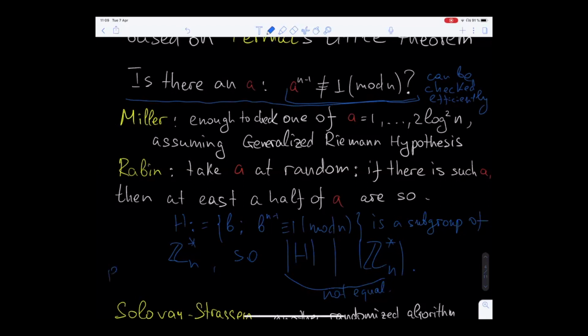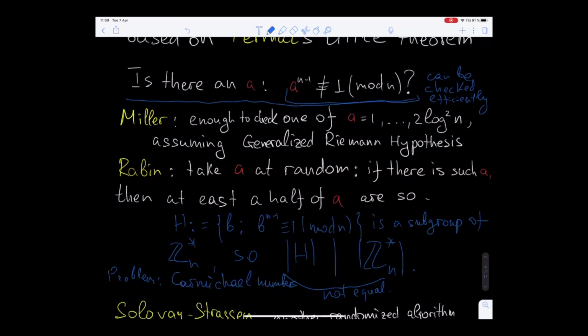So the problem is Carmichael numbers: composites for which whatever number a you take, a to the n-1 is 1 modulo n, provided that a is relatively prime to n.